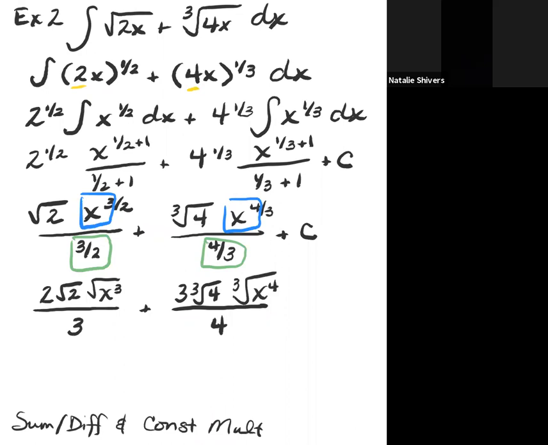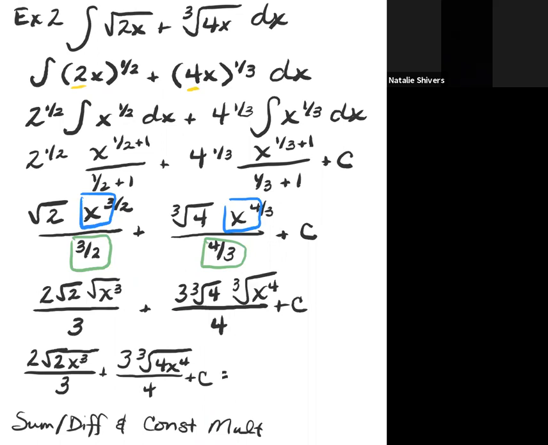Okay, so I'm going to show you 2 different answers to this. One is that we get 2 square root of 2 x cubed over 3, oops, I forgot my plus c there, plus 3 cube root 4x to the 4th over 4 plus c. There is a way to make this simpler. So I'm going to circle it in a different color.